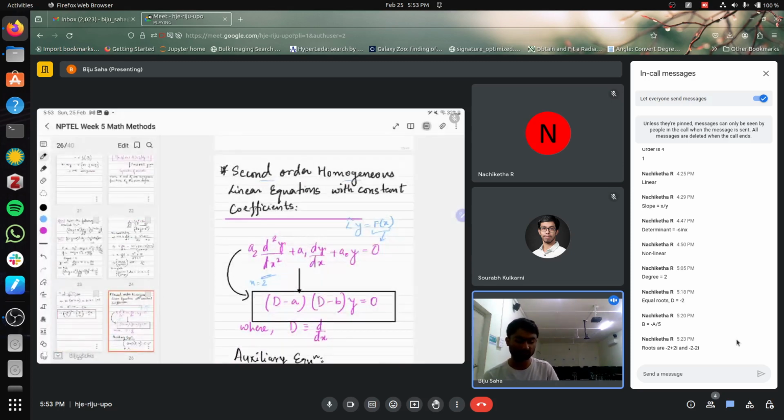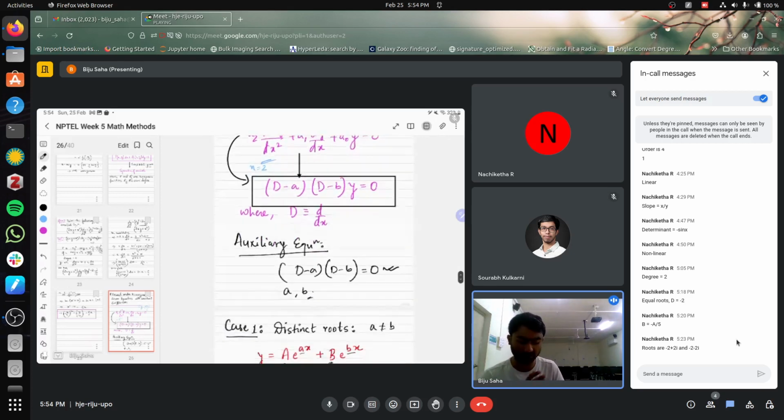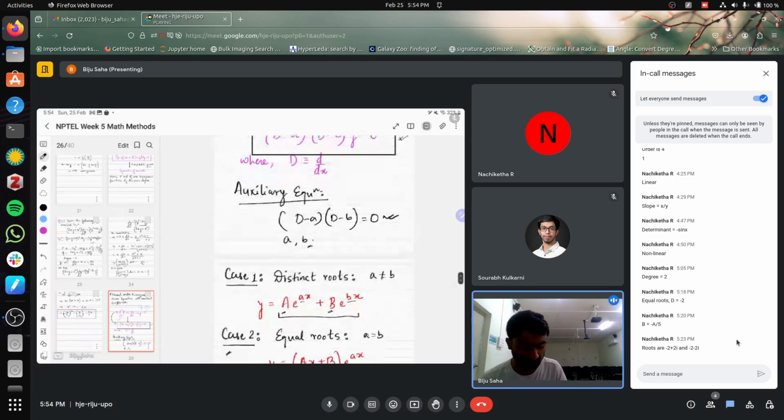So far we discussed first order. In the second order we discussed this particular case where we reframe our equation using the operator method, with D equal to d/dx. In that operator we could rewrite this equation in this form and then find the roots of the equation.